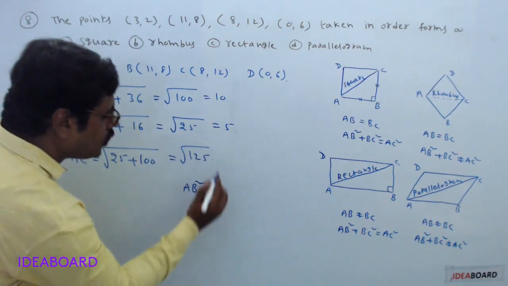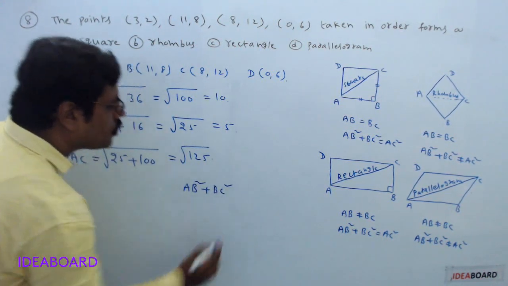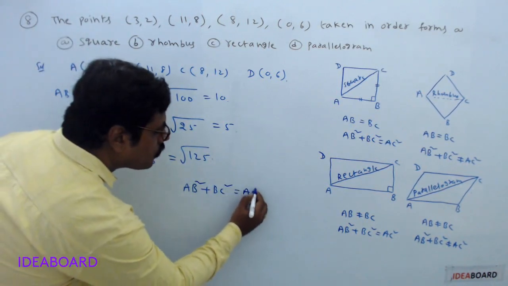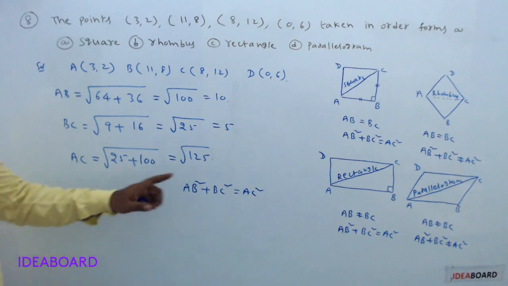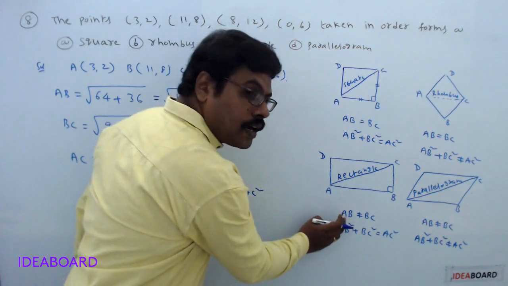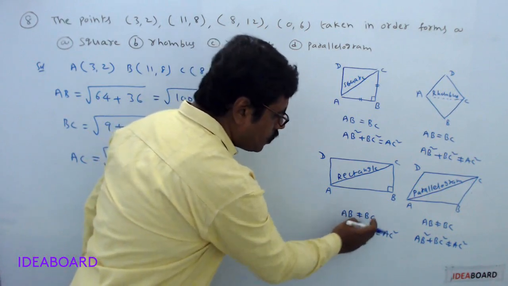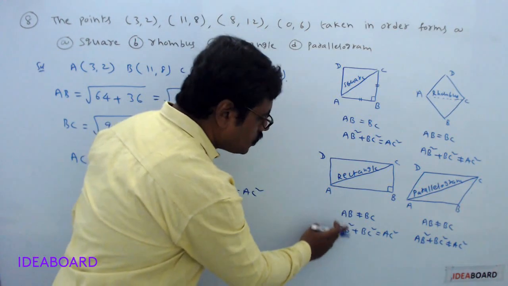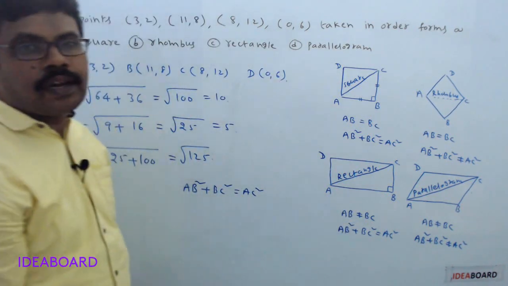AB square value 100, then BC square value 25. So AB square plus BC square equals AC square. So right angle triangle condition will be satisfied. So definitely AB not equal to BC, AB square plus BC square equal to AC square. So these two conditions are satisfied.